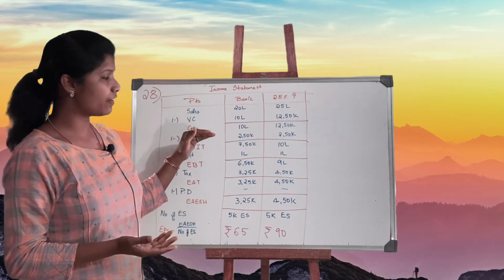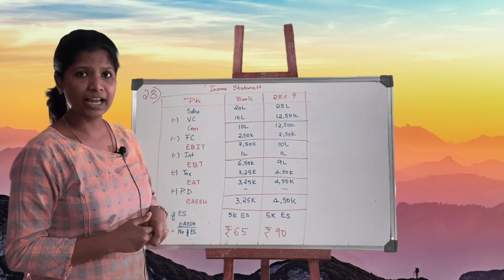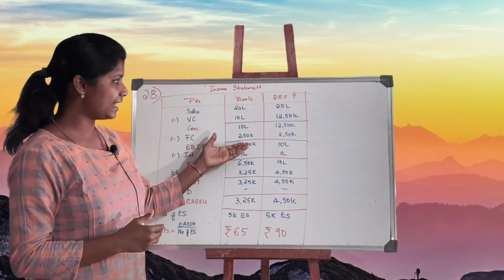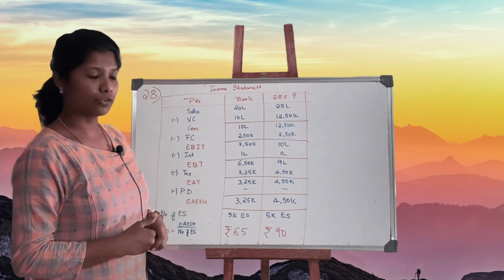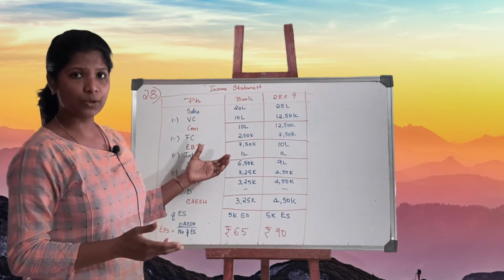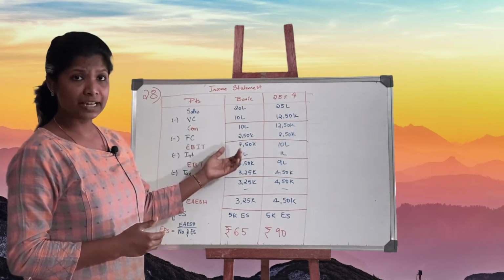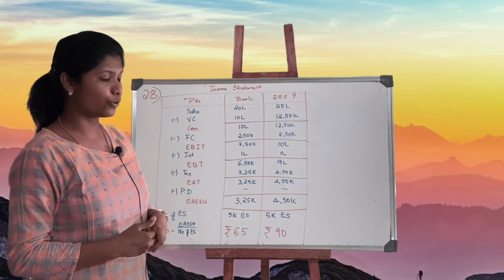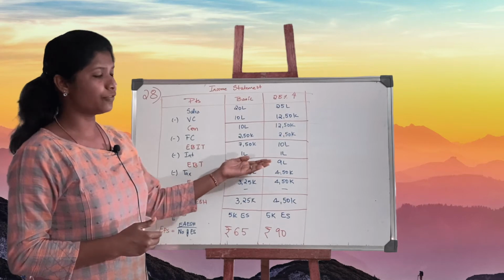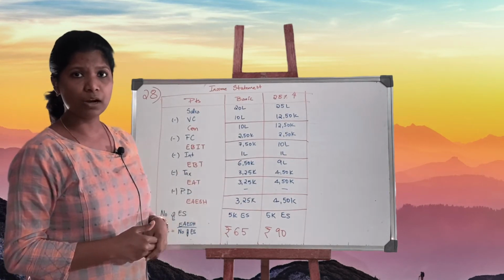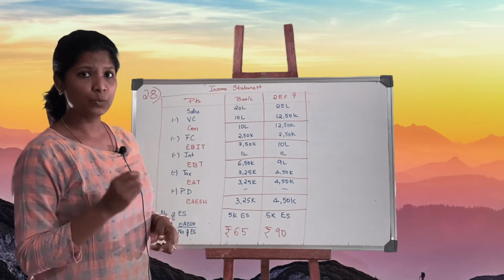Variable cost again we have written, 10 lakh and 12 lakh 50,000. We carry forward that, called contribution, which stands at 10 lakh and 12 lakh 50,000 rupees. Fixed cost is given in the question, 2 lakh 50,000 as it is. Once we deduct that, we arrive at earnings before interest and tax 7 lakh 50,000 and 10 lakh rupees. Interest we just found out under working note, 1 lakh rupees.